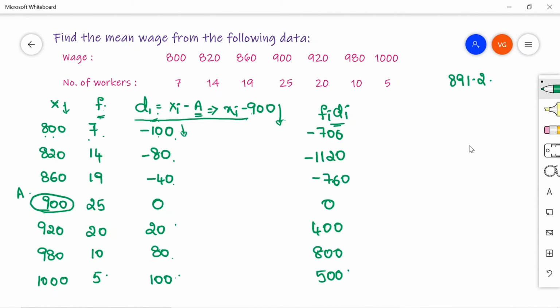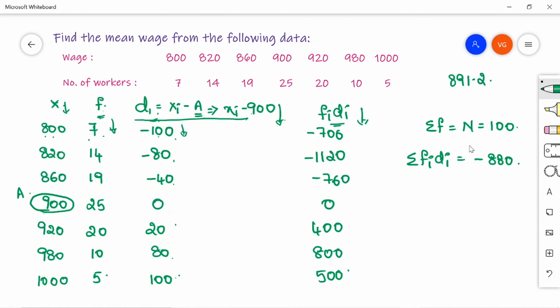Right. So you have to find out sigma f, that is nothing but n. From the previous problem also, the same thing, I'll get it as 100. Now I have to calculate sigma fi di. So add all the entries in your fourth column, and I'll get the value minus 880. Now, as you have subtracted a value, di is equal to xi minus a.